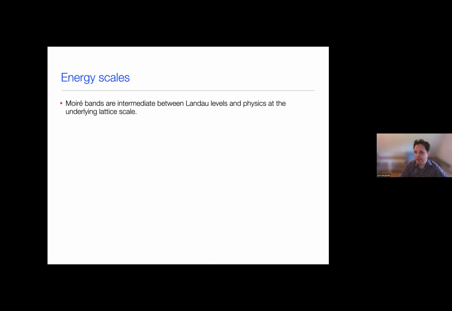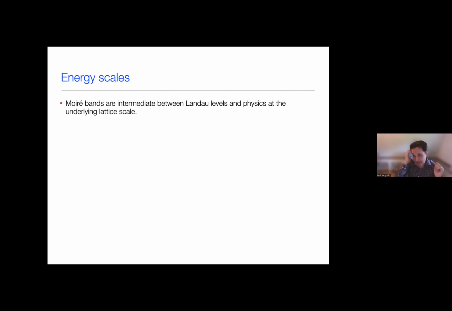Let's have a very naive look at the energy scales of this problem. So Moiré bands, they are in some sense intermediate between Landau level physics and the underlying lattice scale. So Landau level physics is essentially continuum. The magnetic length is several hundred lattice constants, so you can forget about the lattice effects, they average out.